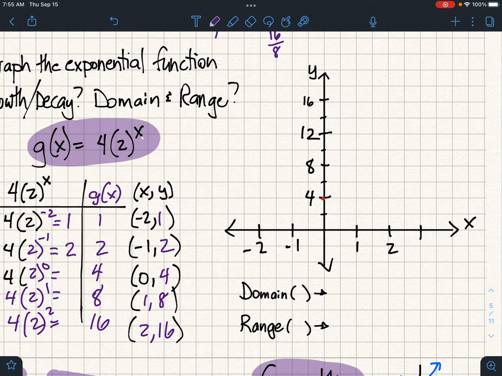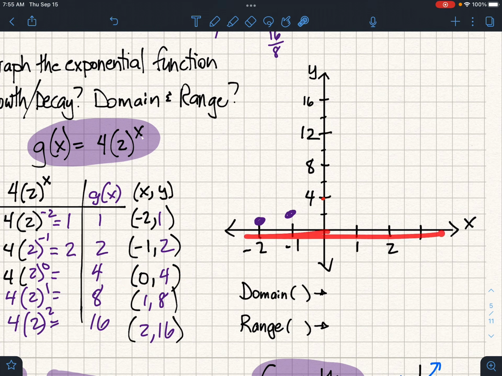All right. Graphing now. -2, 1. Get a dot there. -1, go over 1, and then I'm going to go up 2. So right there. 0, 4.